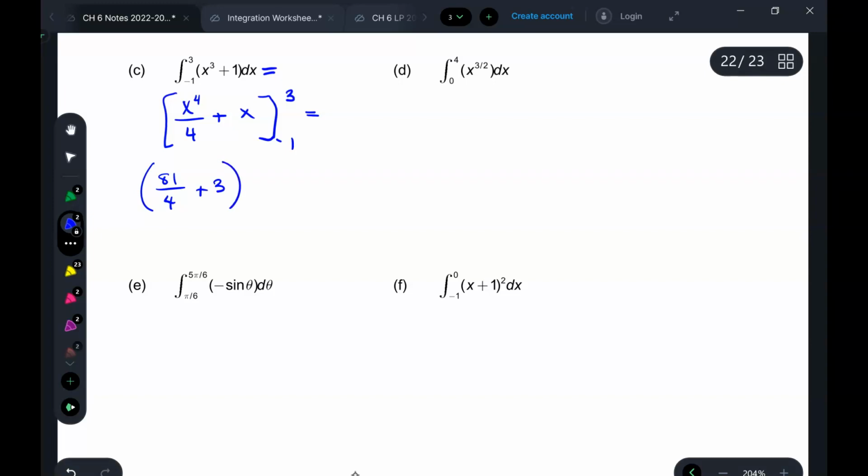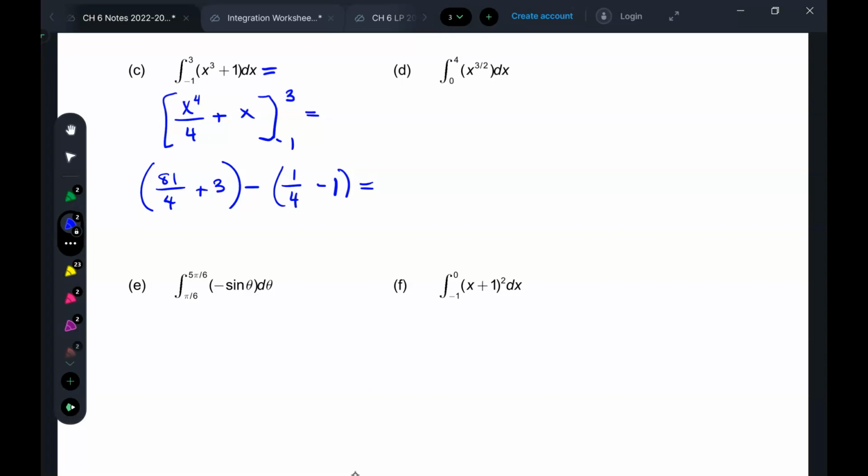And then we want to subtract -1 to the 4th, 1/4 plus -1, actually, yeah. So don't overcomplicate things. A lot of times when we have fractions, it makes it easier just to evaluate those together. So 81/4 minus 1/4 will be 80/4, which is 20. And then this would be 3 minus -1, so 3 plus 1. So 4, so 24.